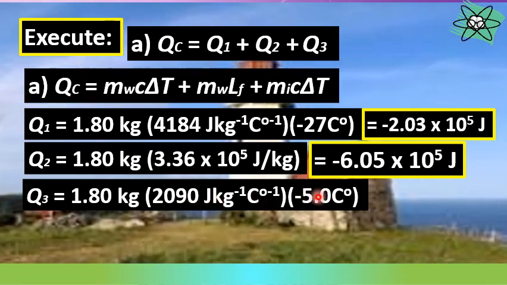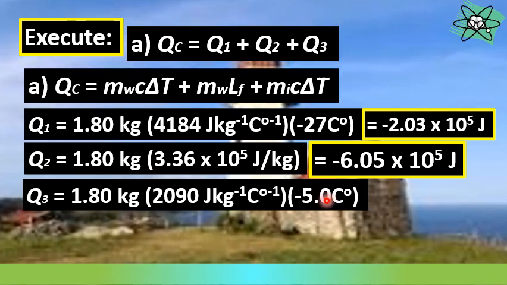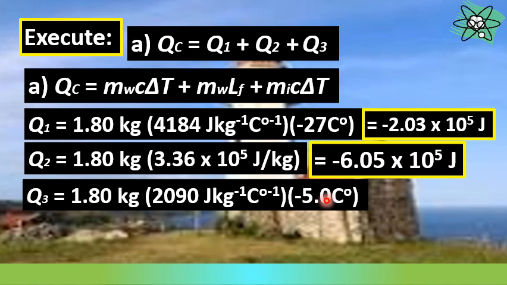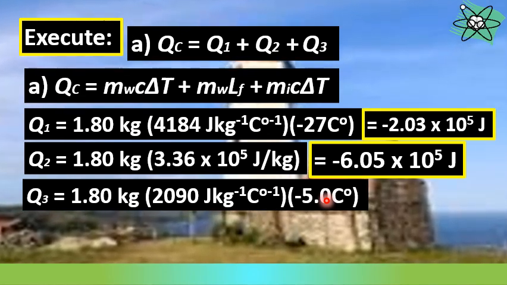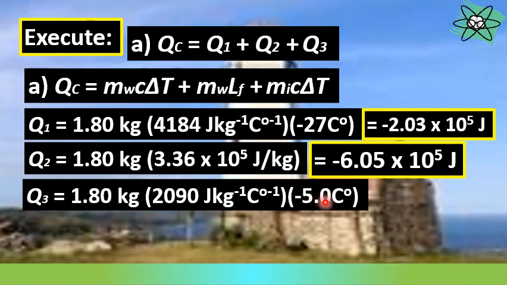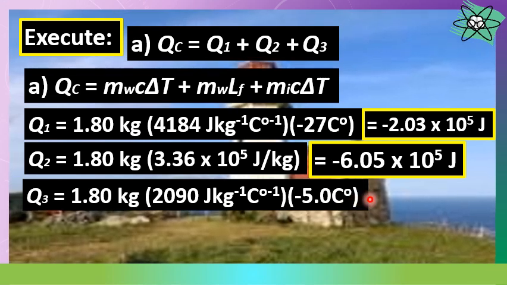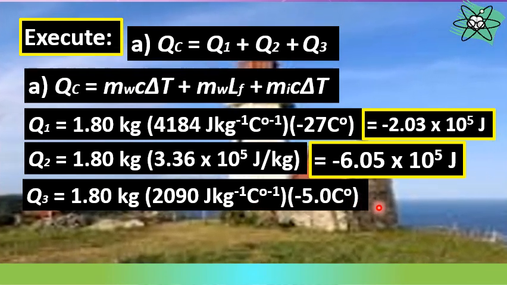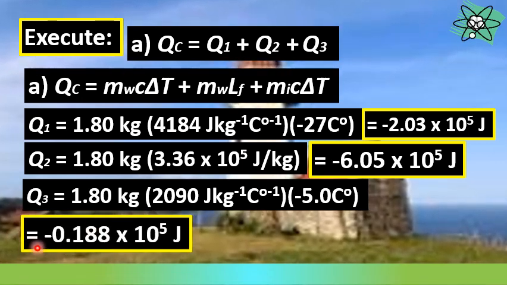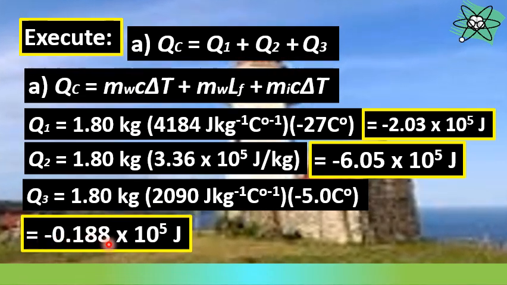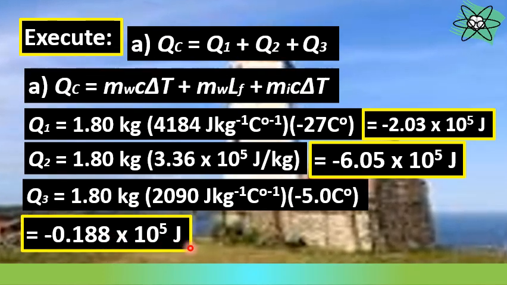And then, of course, the change in temperature, delta T here is final minus initial. So the final is negative 5 degrees Celsius minus 0. That's how we got negative 5.0 Celsius degrees. Again, doing our math, we will get the value of Q sub 3 also equal to negative 0.188 times 10 to the 5th power joules.